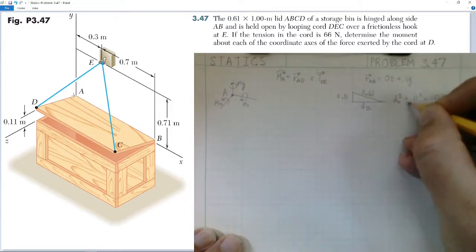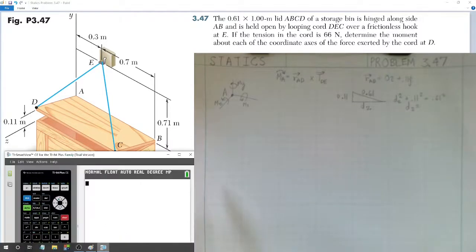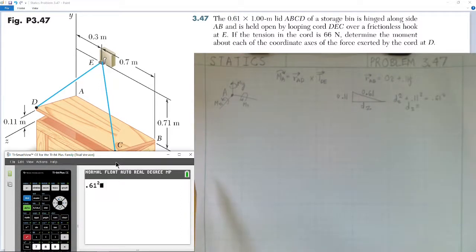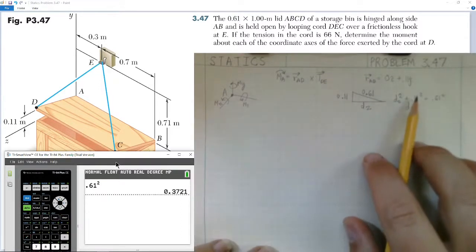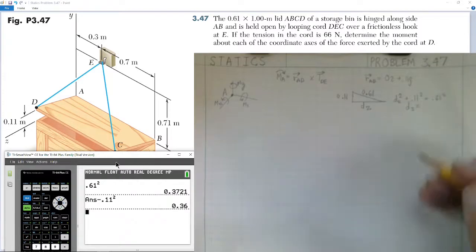So if we solve this, going to our calculator app very quickly, we would have 0.61 squared. Now we can move this term over, subtracting 0.11 squared, and we get 0.36.